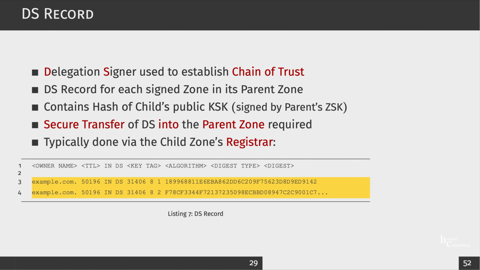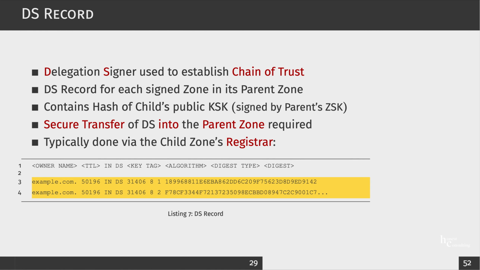So if we see a DNS zone that is signed, if we take a look at the key signing key within that DNS zone, we can take a closer look at the parent of this zone, if the delegation signer in that zone matches the key signing key that we saw in the child zone.